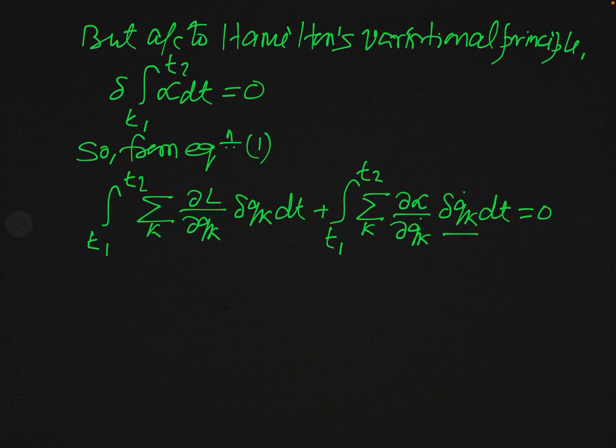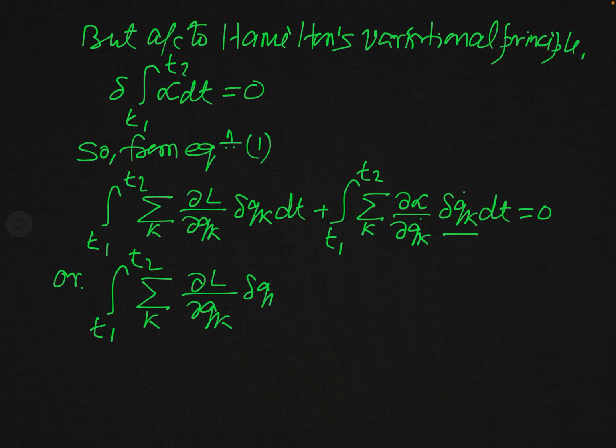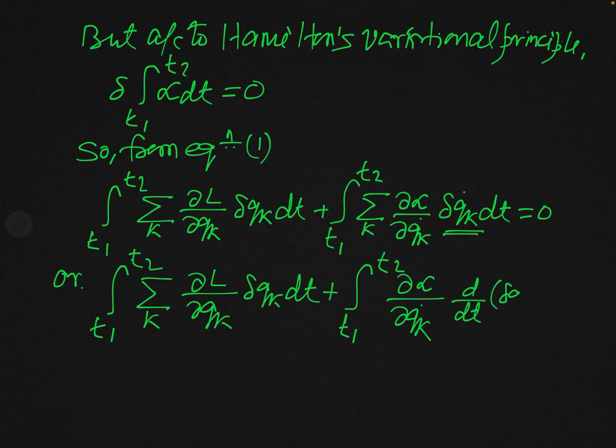So this equation may be written as integral from t1 to t2 summation over k del L by del qk delta qk dt plus integral from t1 to t2 del L by del qk dot, and now this delta qk dot we will write as d dt of delta qk, as you have learnt earlier, dt, and this equals 0.